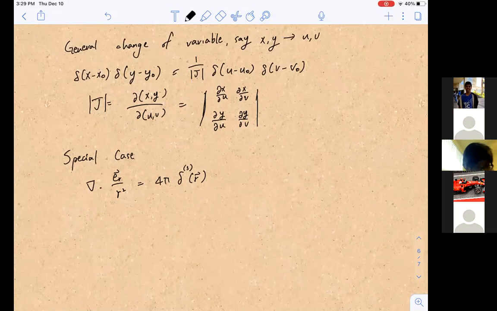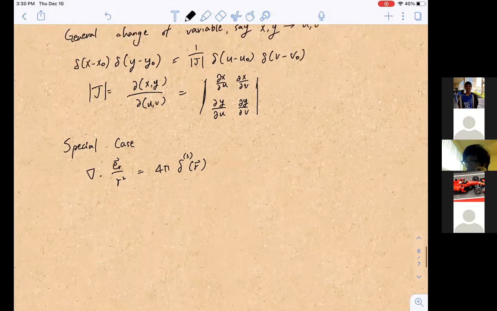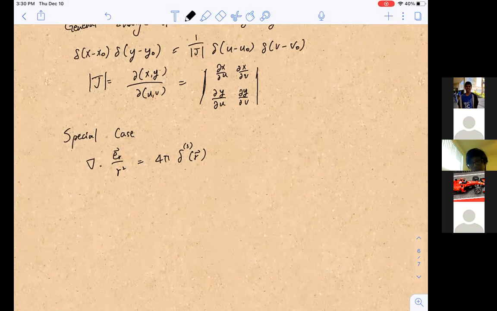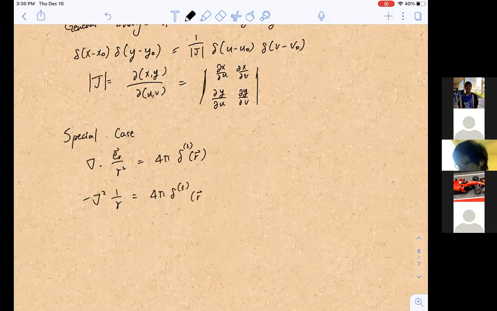This is a special case, because, yeah, I'll write down the two special cases first. So this is also delta of r.